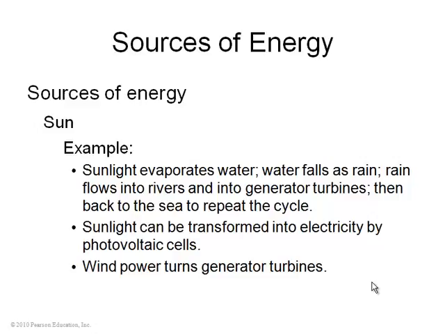You can also directly convert sun into electricity using photovoltaic cells, like solar panels that you've seen on roofs of houses or on tops of billboards, or sometimes in big solar farms. Also wind power: the wind ultimately comes from the sun, and wind power also turns generator turbines.